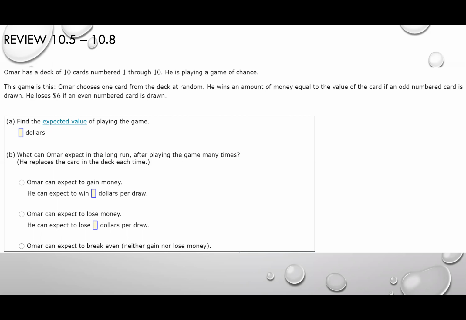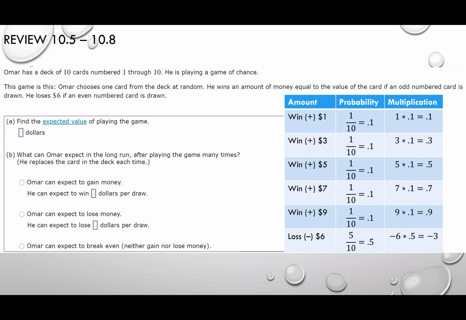In part A, they ask you to find the expected value. What is Omar's expectation in the long run? Looking at this, if you remember, to find the expected value, this is the table you want to construct, or this is the table I asked you to construct. We want the amount of winning and the amount of loss.